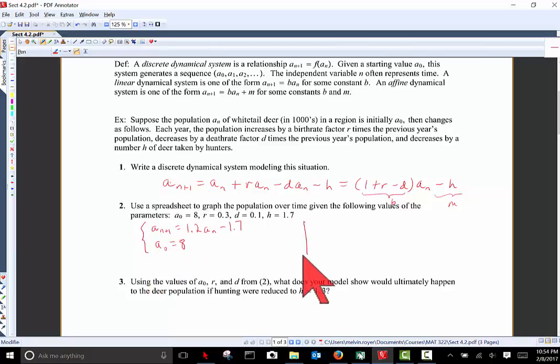And when we did this, we discovered that the population goes down, down, down, down, and then mathematically goes negative.